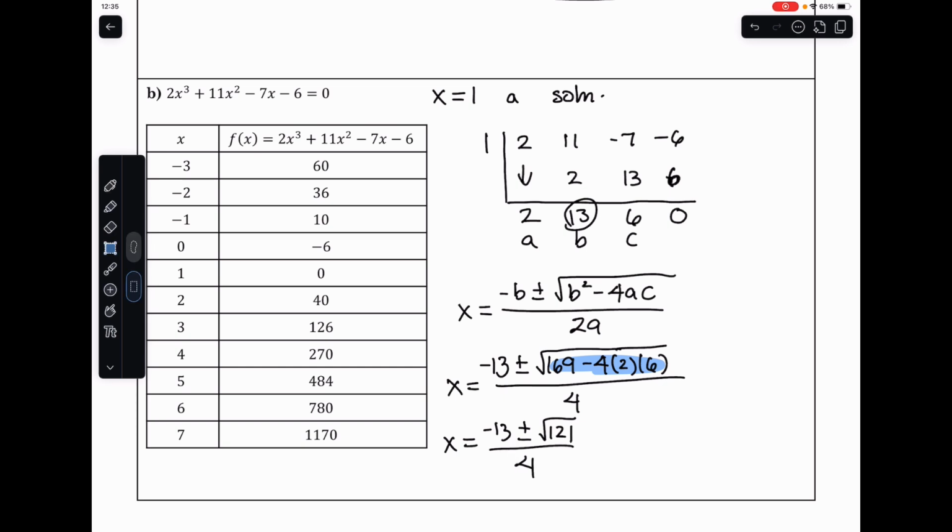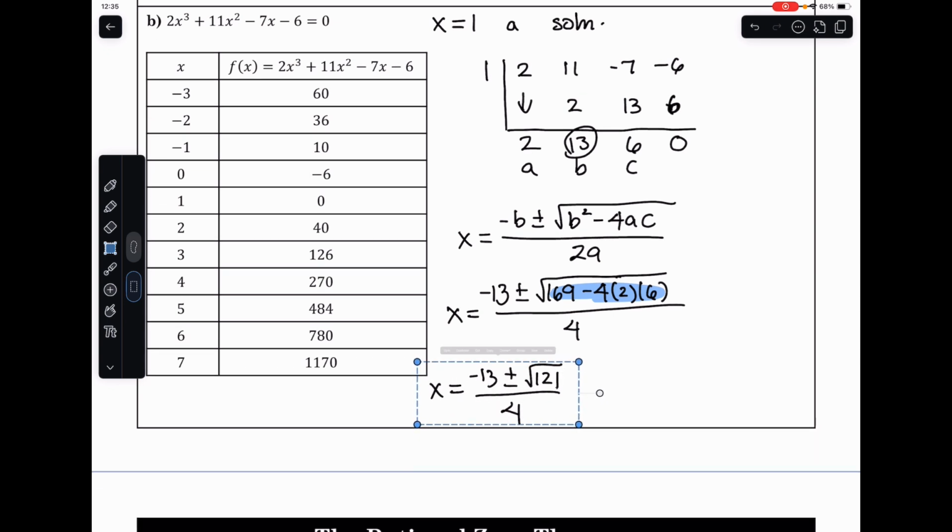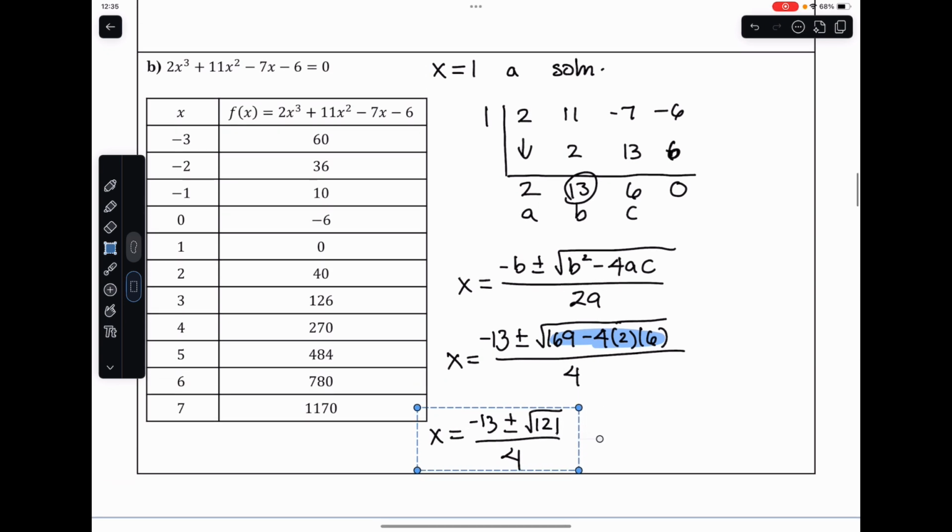Let me move that down a little bit. It's too close to the previous row right there, okay? So there is my answer. Now, since 121 is a perfect square, I can take the square root of 121, which is going to equal 11. So that means that negative 13 will be added with 11, subtracted by 11, and then divided by 4.